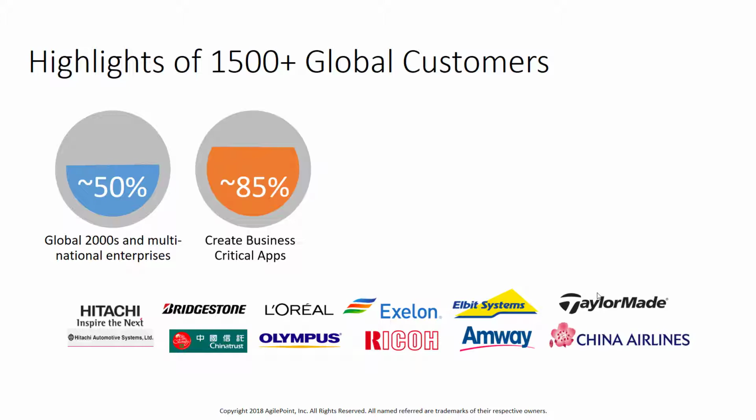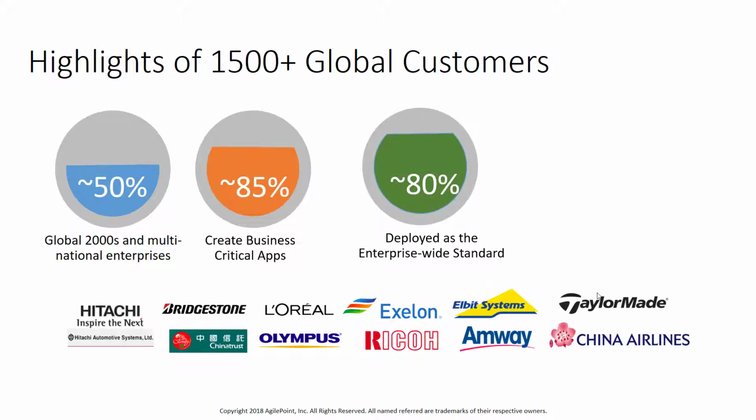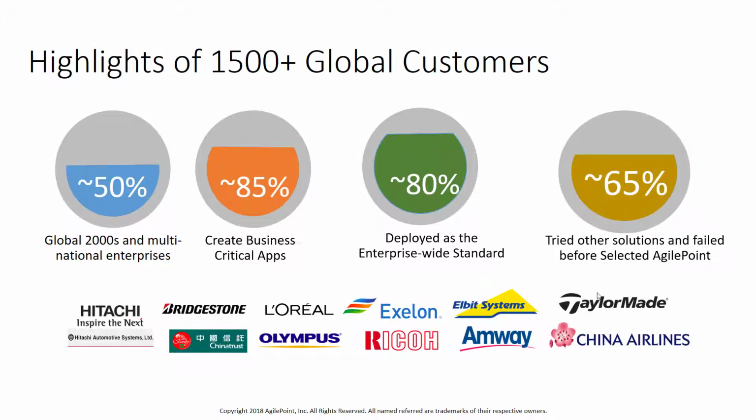Or maybe for an insurance organization, the claims process. 80% have deployed AgilePoint as the first choice in enterprise application development. And 65% of our customers have come to AgilePoint after having failed with a competitive technology. Now you're seeing a cross-section of customers on screen here, and I'll go through a few customer cases in just another moment.